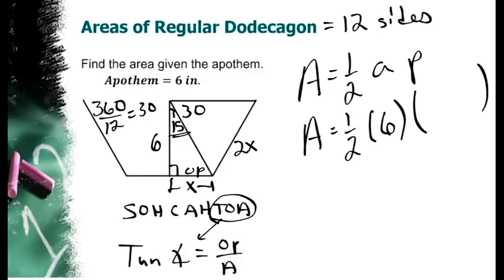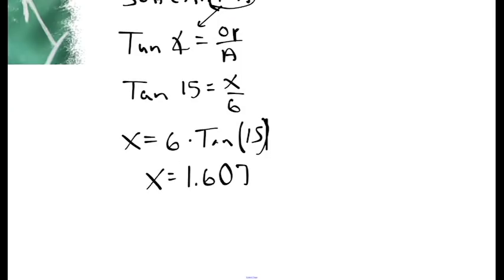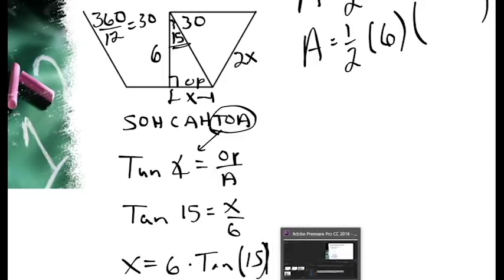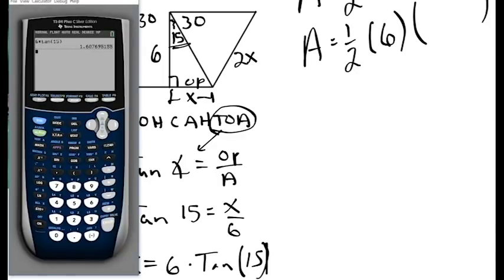Remember back up here, we want the perimeter. So if I have x, I can double that to get the side length and then know that I have 12 sides to work with. I need to calculate my perimeter. So I'm going to take this answer here, double it to get my side length, and multiply it by the number of sides to get my perimeter.